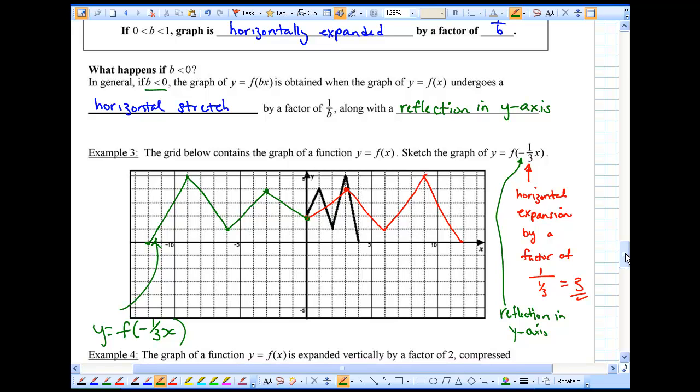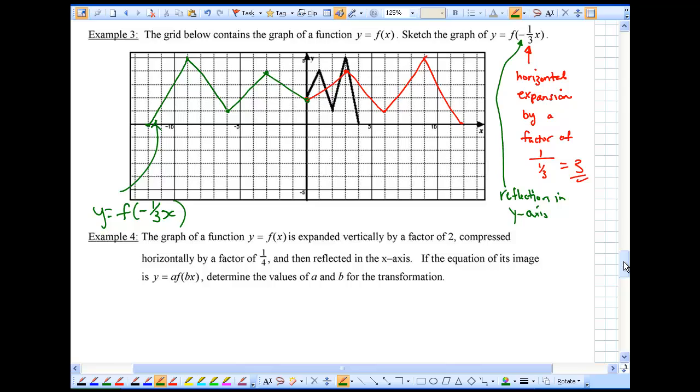Okay, a few more examples here. Number 4 says here we got a graph of a function. We don't know actually what it looks like, but we've told you that it expanded vertically by a factor of 2, then compressed horizontally by a factor of 1/4, and then reflected in the x-axis. So if the equation of its image is in this form, pretty much what I'm saying is find a and b. Well, what does a represent? It represents the vertical part.